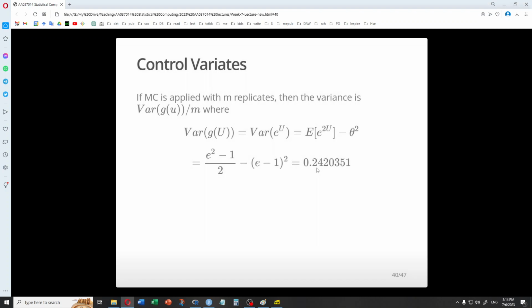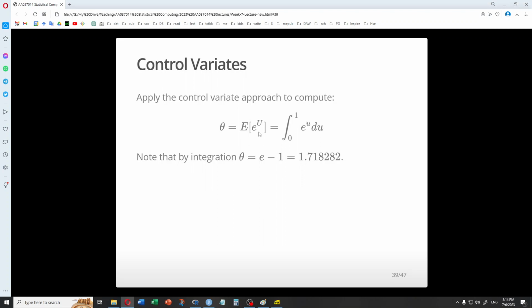Now, how do we want to use the control variate in this case? First, if the Monte Carlo is applied with m replicates, then the variance is given by the variance of g(U) divided by m, where the variance of g(U) is the variance of e^U. This is given by the expected value of (e^U)^2, which becomes e^(2U), minus theta hat squared, where theta hat is the expected value of e^U.